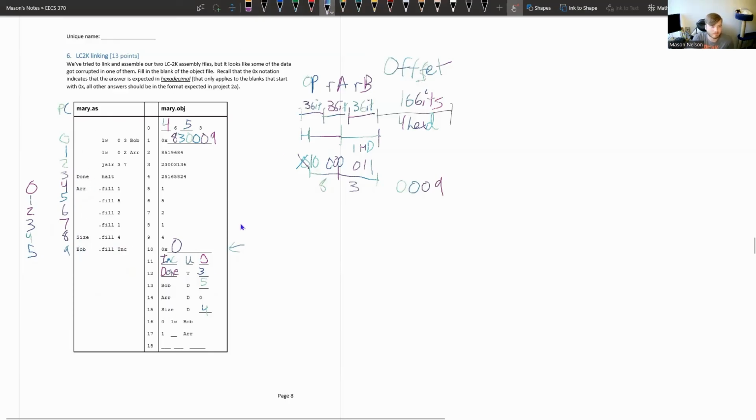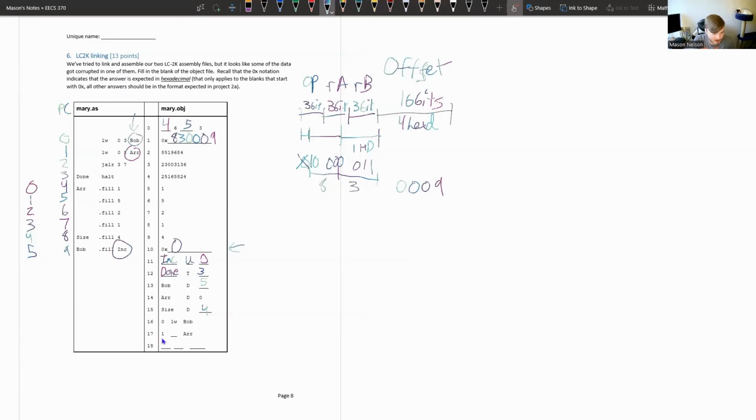All right. Let's see. Now to our relocation table. We're just going to scan the right side again over here for any time we see any label being used. So that's Bob, array, and ink. Those should all appear in our relocation table. So we already see the one for Bob. Then we have array.